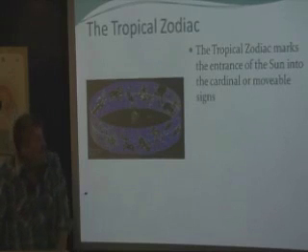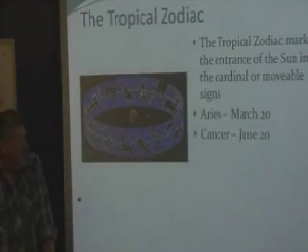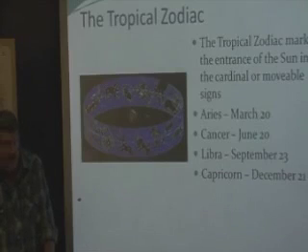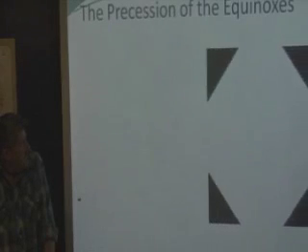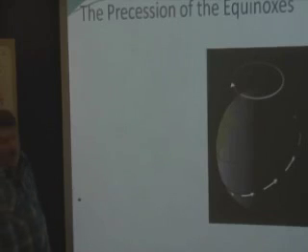So, in the tropical zodiac the sun enters Aries around March 20th, Cancer around June 20th, Libra around September 23rd, and Capricorn around December 21st. So we measure all of the signs, basically, from those points, moving forward in 30-degree increments.